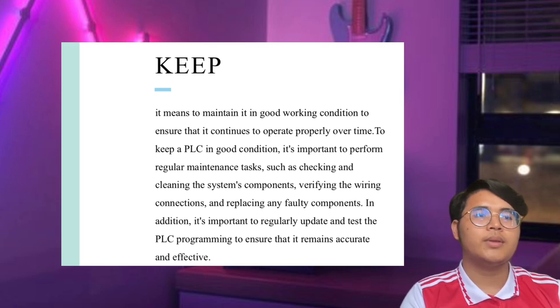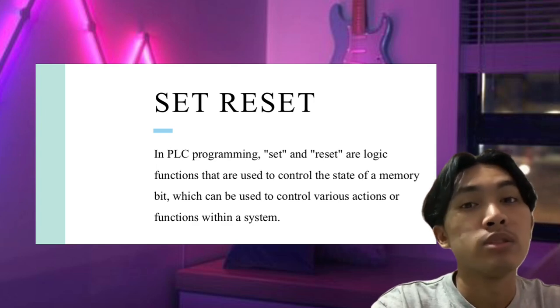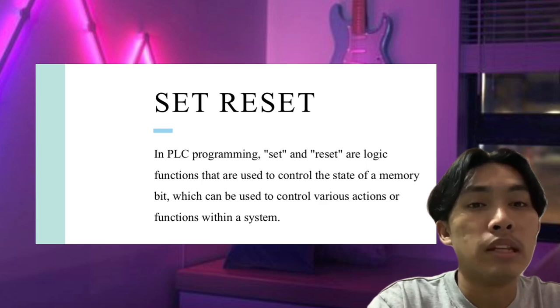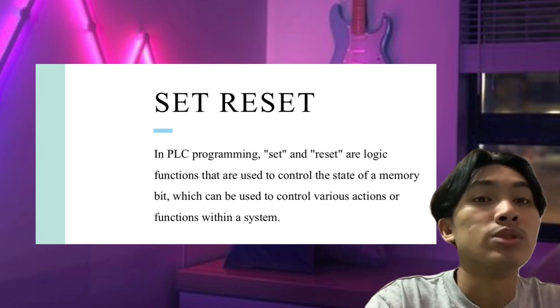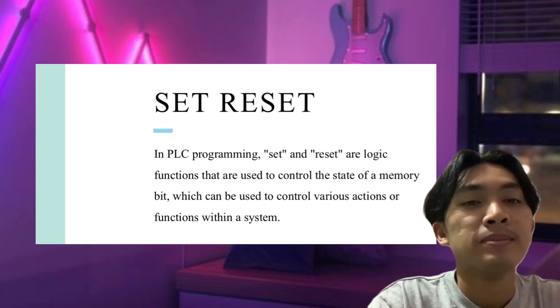In addition, it is important to regularly update and test the PLC programming to ensure that it remains accurate and effective. In PLC programming, set and reset are logic functions that are used to control the state of a memory bit, which can be used to control various actions or functions within a system.